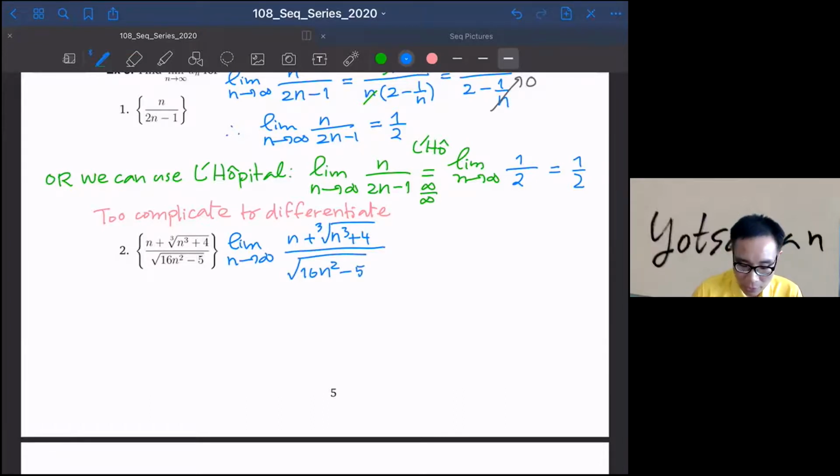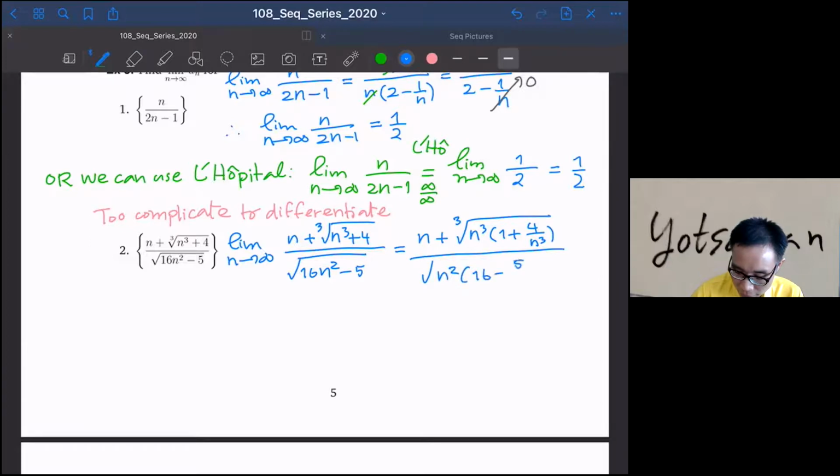On top you pull out n, and inside the root you get n cubed times 1 plus 4 over n cubed. On the bottom you get n squared times 16 minus 5 over n squared.